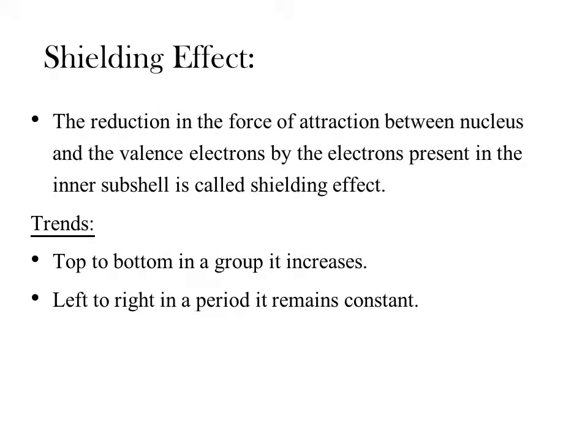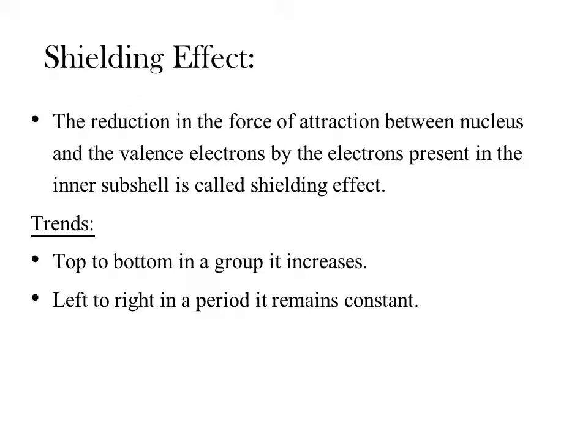So let's start with the first property, that is shielding effect. First of all, we define it. The reduction in the force of attraction between the nucleus and the valence electrons by the electrons present in the inner subshell is called shielding effect.